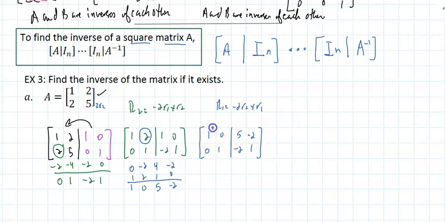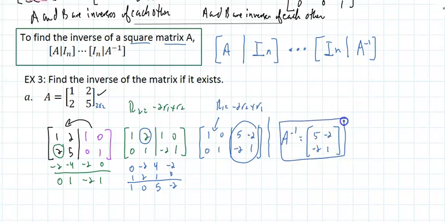So since I have the identity for a 2 by 2 right there, that right there would be the inverse matrix of A. That's what you multiply A with on both sides and get the identity matrix.